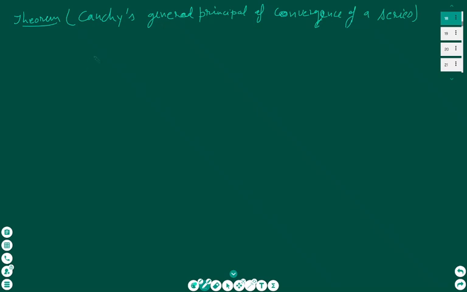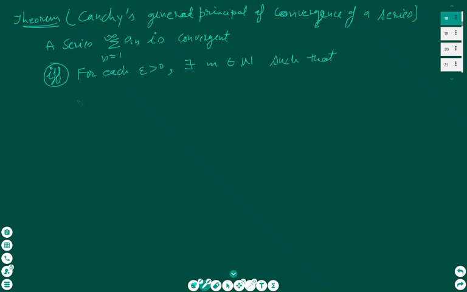So what is this Cauchy general principle of convergence? This principle says that a series, any series, summation n varies from 1 to infinity of a_n, is convergent if and only if for each real number epsilon positive, there exists a natural number m such that the absolute value of a_(m+1) plus a_(m+2) plus a_(m+3) up to a_n, alright, this sum is less than epsilon for all n greater than m.